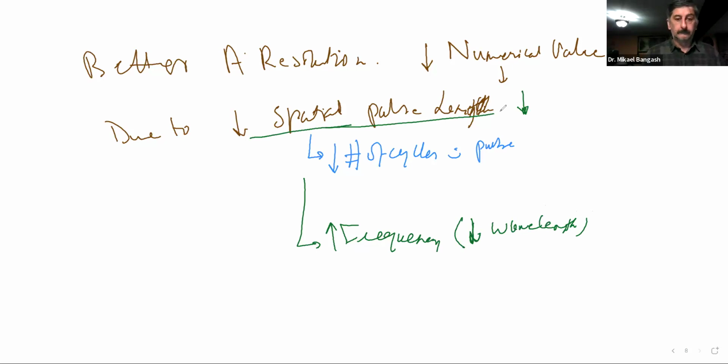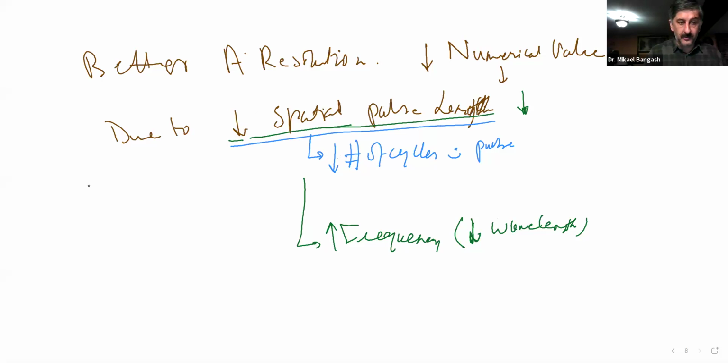Is that clear? So both of these give us a lower spatial pulse length: fewer cycles per pulse, or a higher frequency, which indirectly means a lower wavelength.